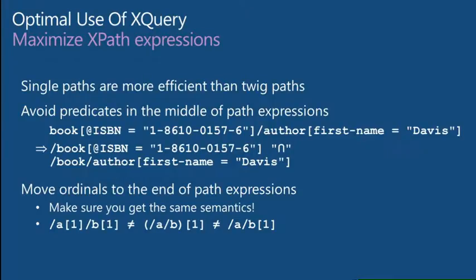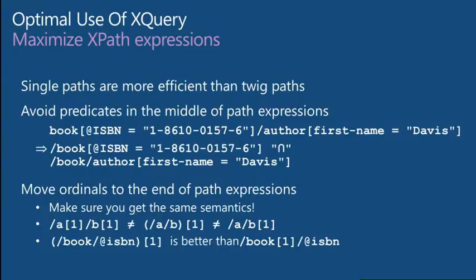The first one says, give me the first A, and then give me the first B of the first A. So if the first A doesn't have a B, it's empty, otherwise it's a B. The second one says, give me the first B out of my A's. So if the first A doesn't have a B, then you will just go to the next A and get that B. So it's a different result. And the last one basically says, for every A, give me the first B.